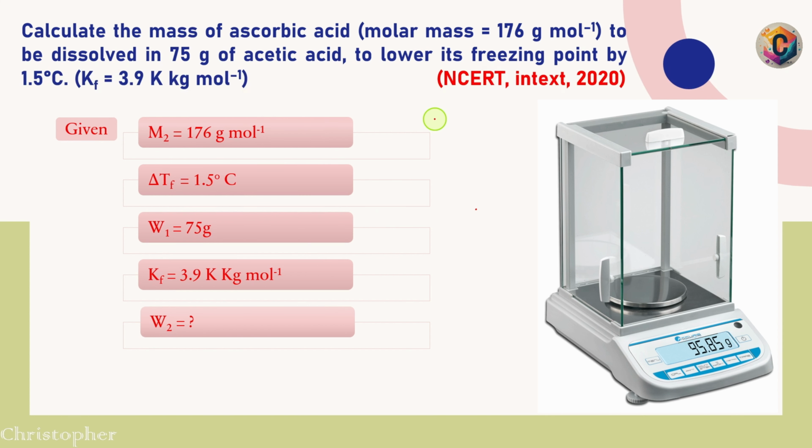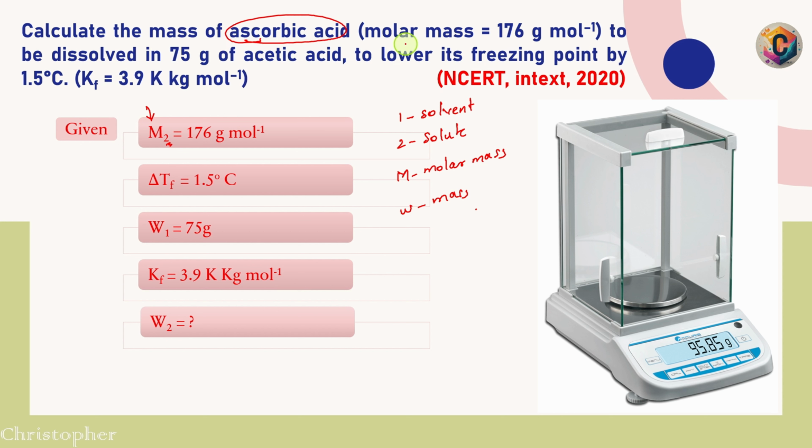Here, just know that subscript 1 can be assigned for solvent, subscript 2 can be assigned for solute. The capital letter M represents molar mass, and the letter W represents mass. M2 represents the molar mass of the solute. Which is the solute here? Ascorbic acid is the solute.